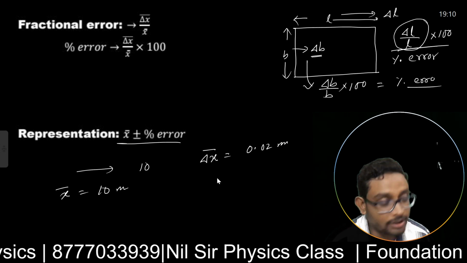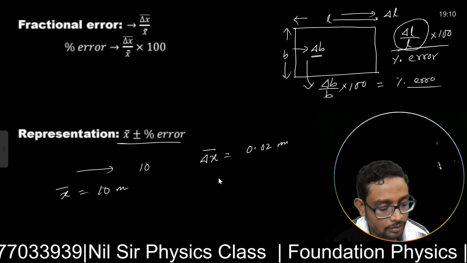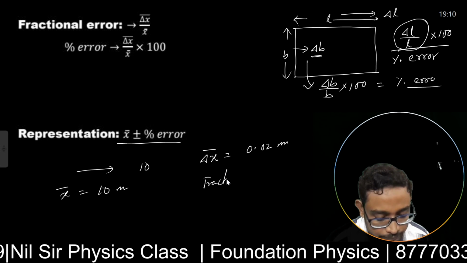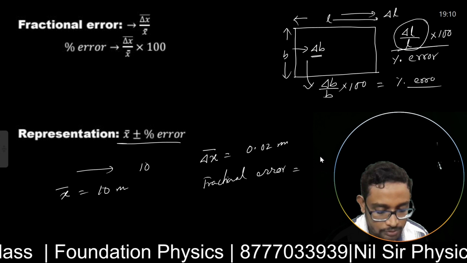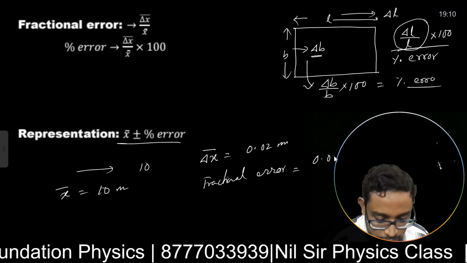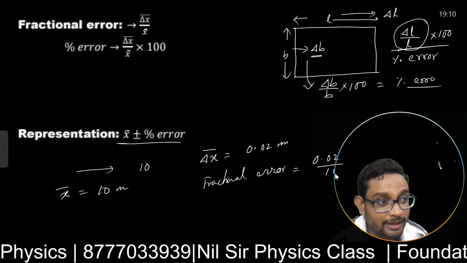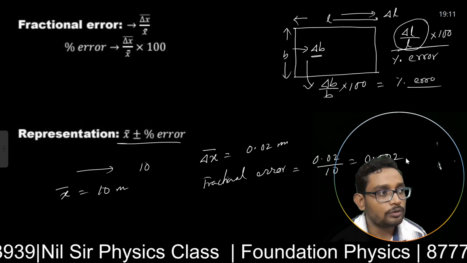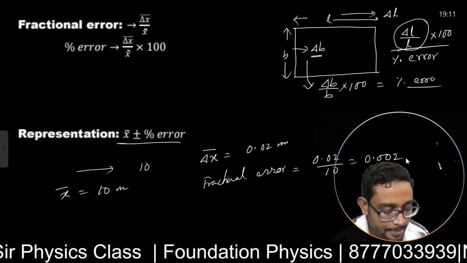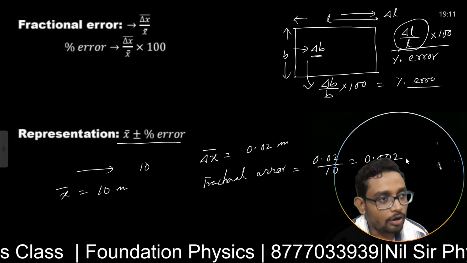So what will be the fractional error? Fractional error equals 0.02 divided by 10, which equals 0.002.